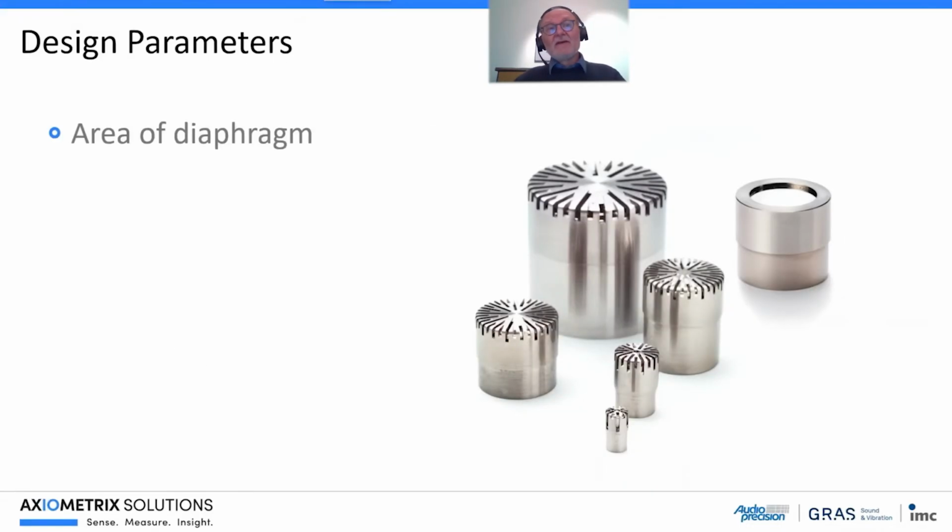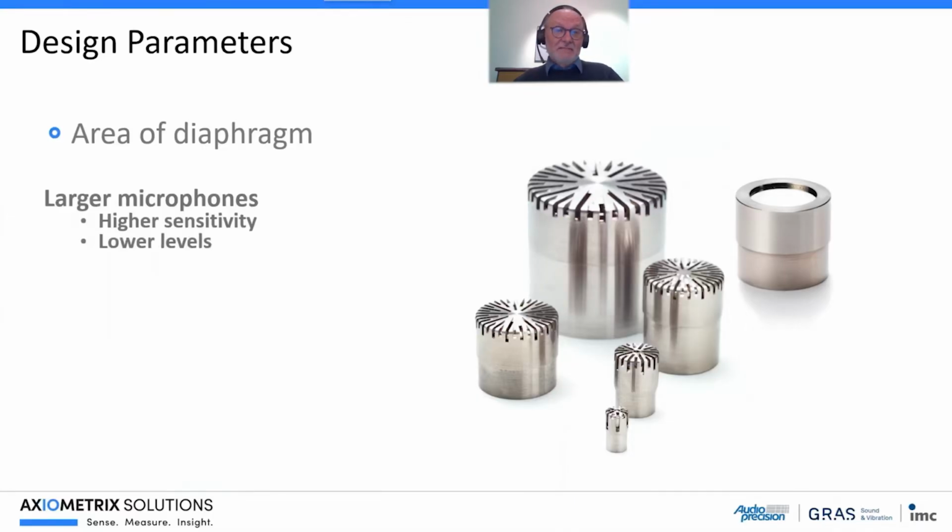Let's have a look at the area of the diaphragm. Large microphones have a higher sensitivity, which means we can measure lower levels with them.